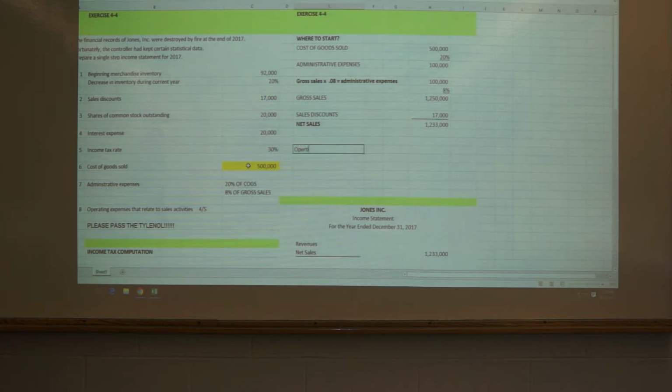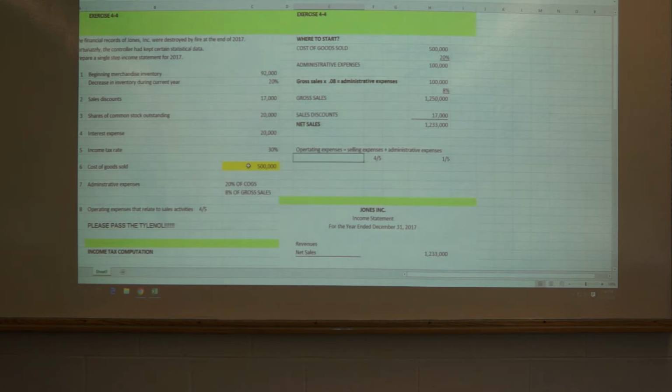Your operating expenses equal your selling expenses plus your administrative expenses. So if your administrative expenses are 1/5 and your selling expenses are 4/5, then your operating expenses would be 5/5.